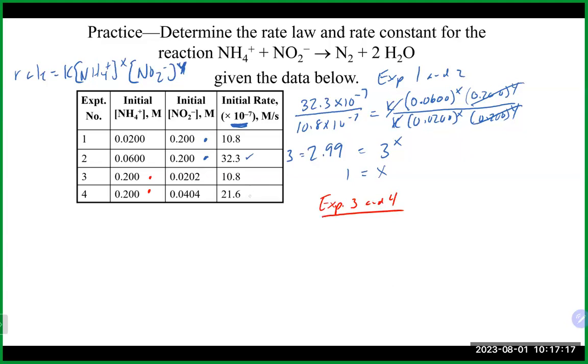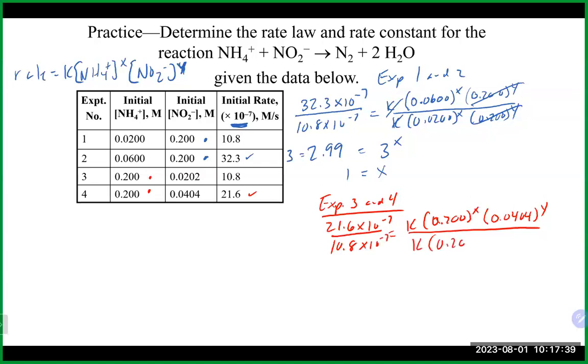So putting my larger value up on top, 21.6 times 10 to the minus 7 equals my 0.2 to the x, and my 0.0404 to the y. Taking experiment 3 and putting it on the bottom, 10.8 times 10 to the minus 7, 0.2 to the x, and 0.0202 to the y.